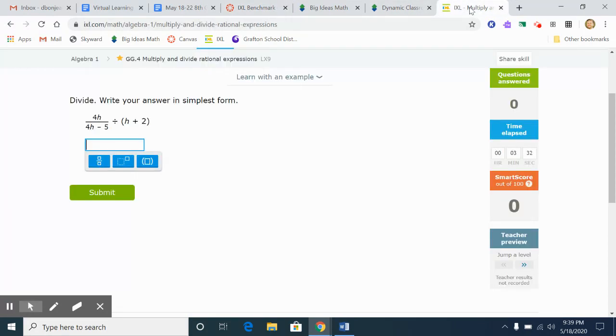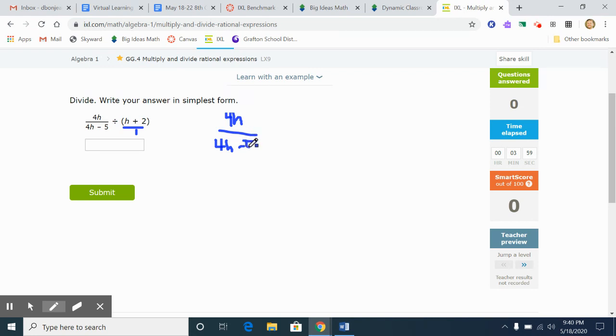Now let's go through some of the types of problems you're going to see. Here we go. If we're looking here, what I see is I'm dividing. So what I'm going to do is put this over 1, and rewrite everything as multiplication, and I'm going to factor along the way too.